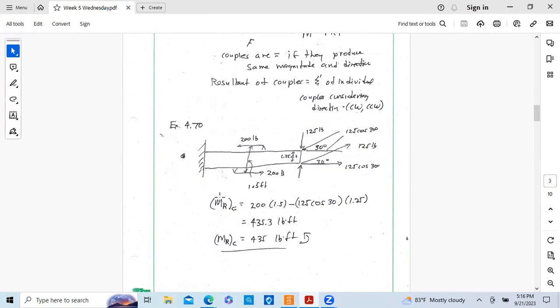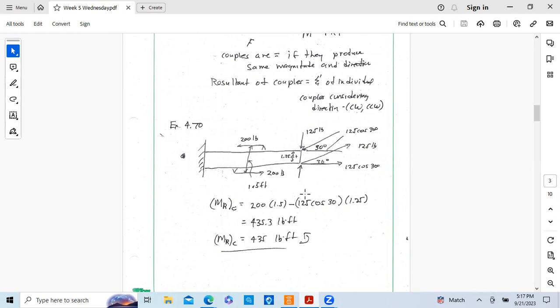And so very simply then the moment resultant of this system is going to be the 200 with this couple, resulting from the couple will be the 200 times the 1.5, and this rotation is counterclockwise. That's positive. This rotation is like this.